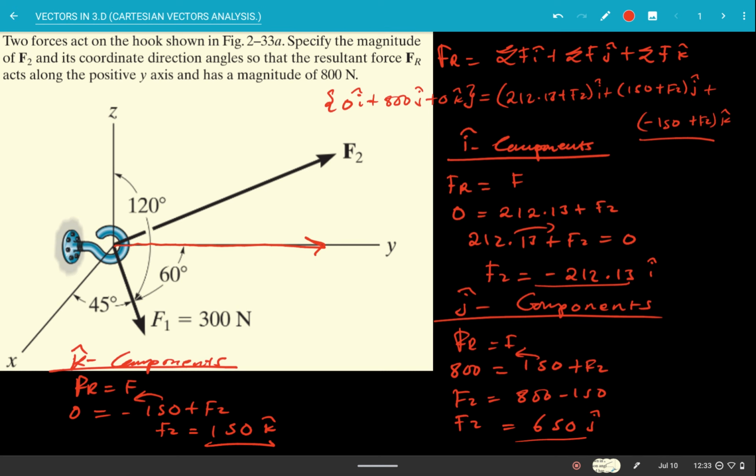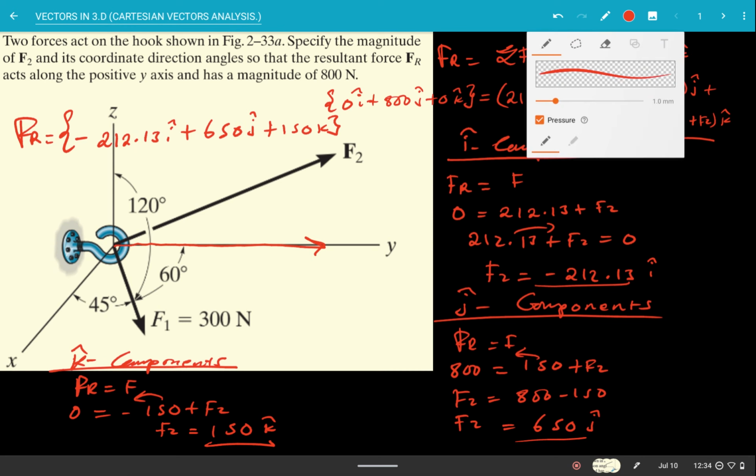So we can just say, okay, force resultant is equal to its position in the I, which is minus 212.13 in the I. Then in the J, we have positive 650 in the J. Then in the K, we have positive 150 in the K, like that. So we now have the magnitude, the resultant expressed as a Cartesian.